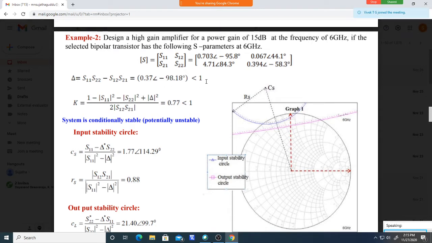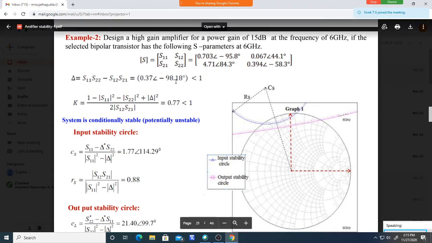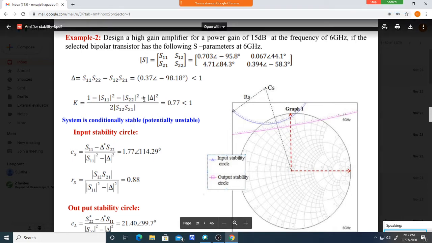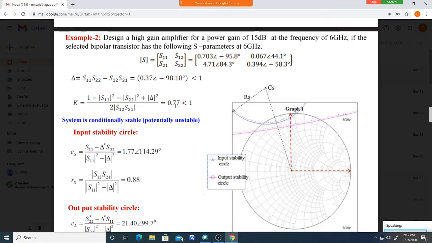Use this and you will get it is less than 1. Similarly, k using this equation, is less than 1. You see here, it is 0.77, lesser than 1.